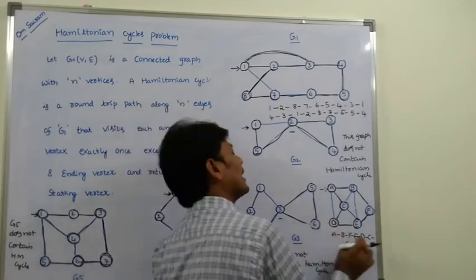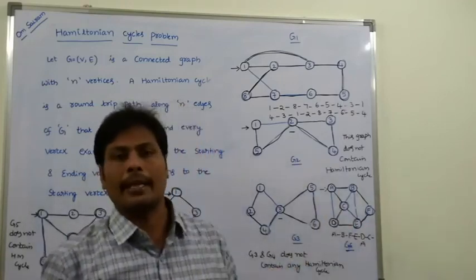So this graph contains a Hamiltonian cycle.